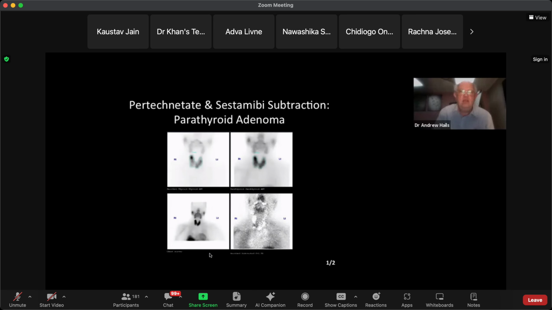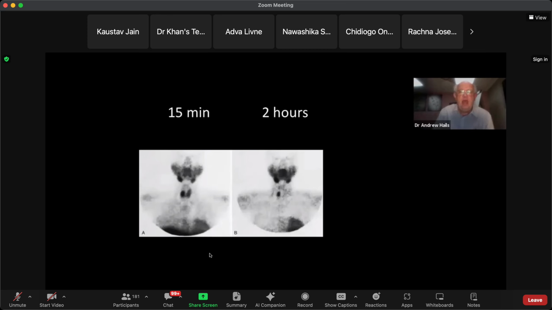That's a subtraction scan. Now, sometimes if a patient has been on thyroxine or, say, antithyroid medications, they're not really suitable for a subtraction scan. And then you do a Sestamibi washout scan. You do a Sestamibi image at 15 minutes, and you do a Sestamibi image using the same radiopharmaceutical at 2 hours.